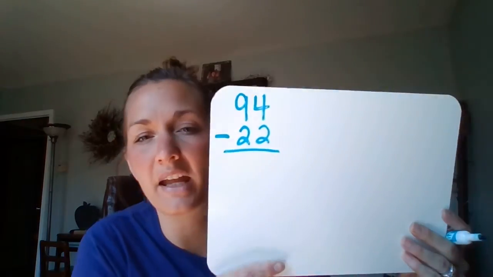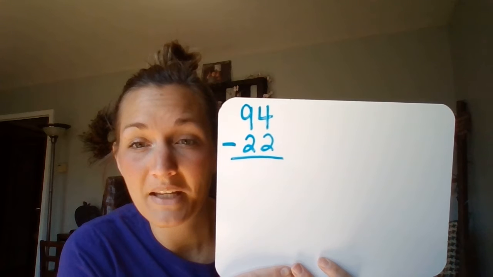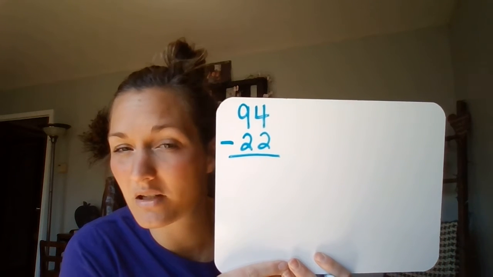And we're going to do another one where we do not have to exchange. All right, so we're going to do 94 minus 22. Okay, so what's the first step we have to do? Expand our numbers. So we're going to do that first.